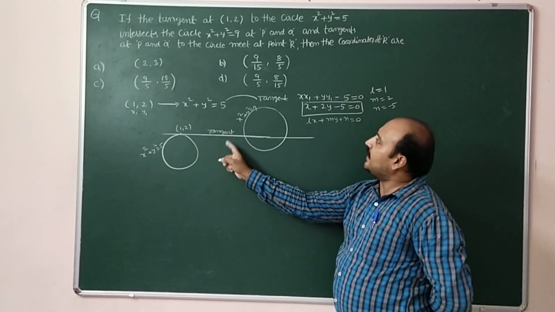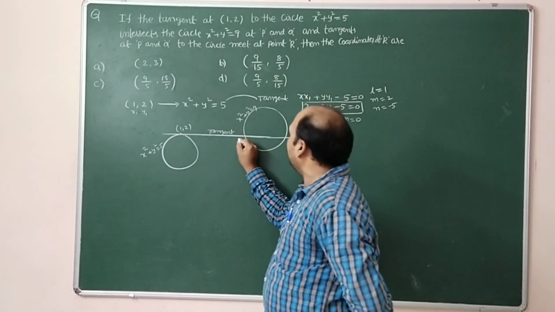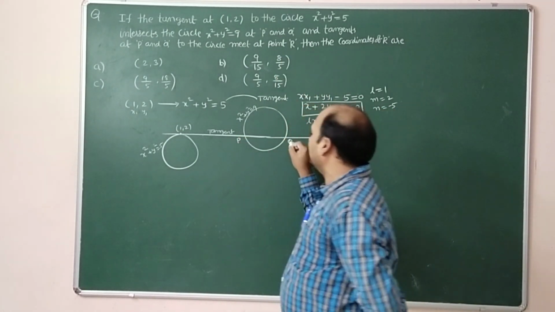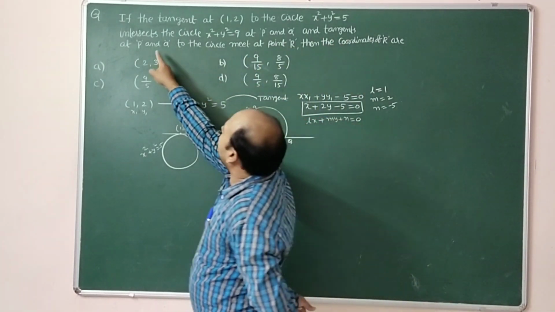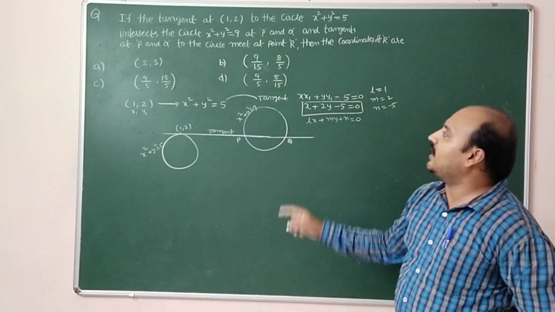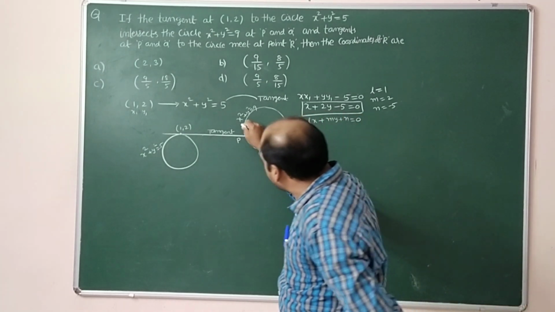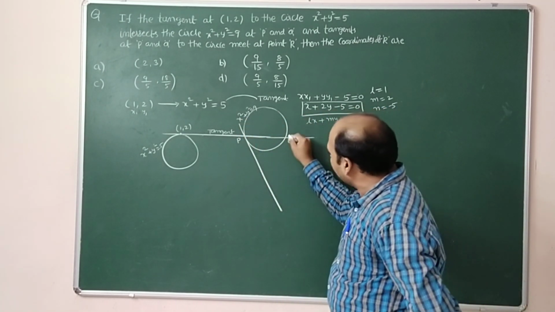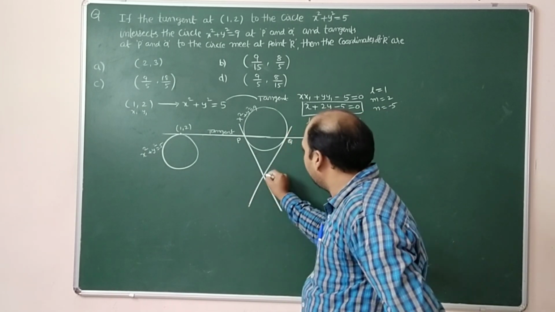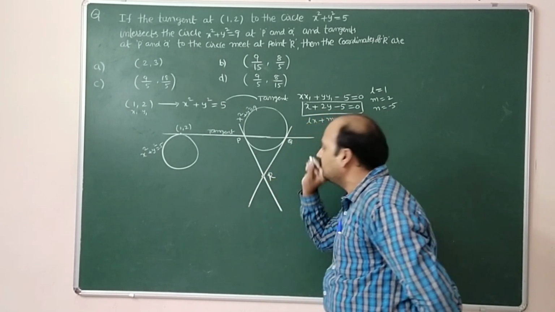At P and Q. This is P, this is Q. The tangents at P and Q are intersecting at the point R. So this is the tangent at point P, the tangent at point Q, which are intersecting at R.